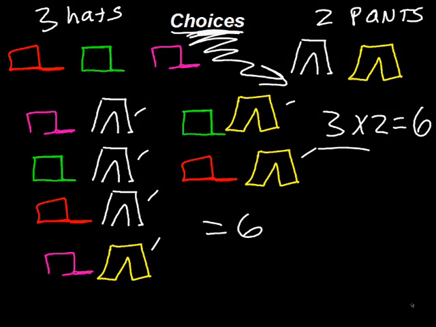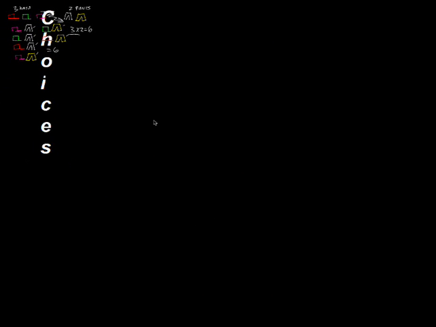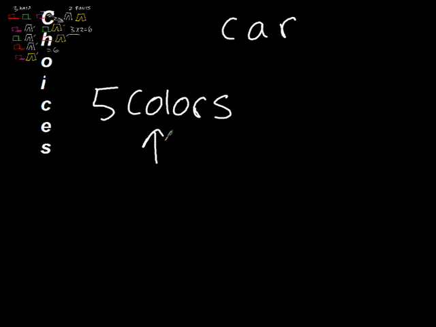Let's look at one more example. We're still dealing with choices. Let's say I have 5 colors for a car, those are my 5 choices, and I have 3 choices of brands for a car.